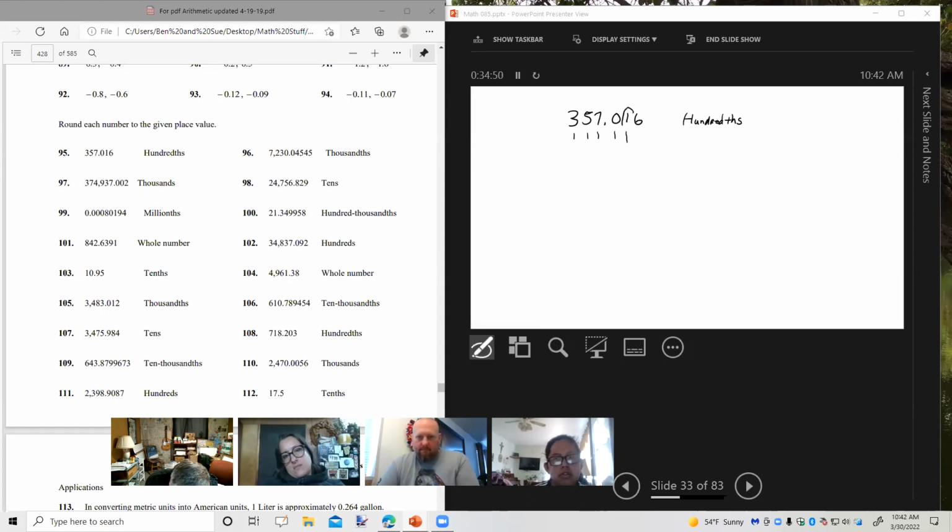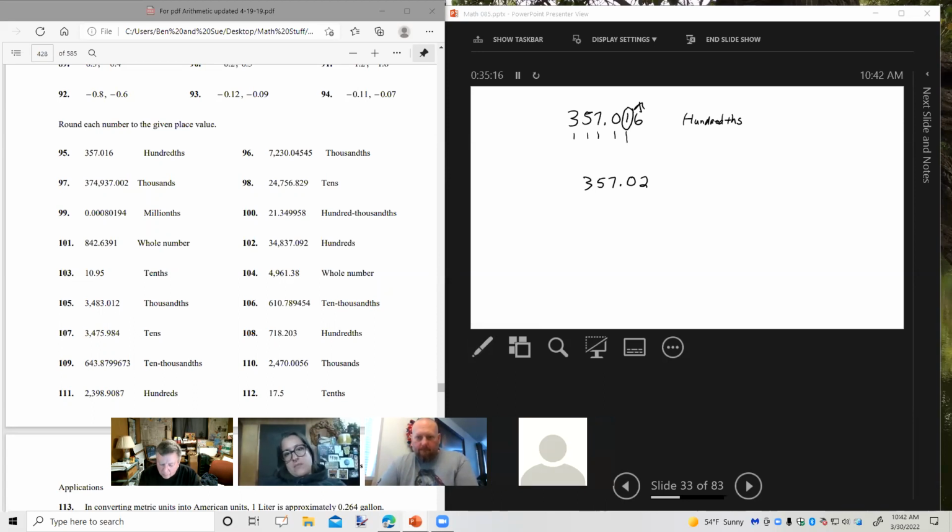So this is the column we want to round. Okay, those little things below, those aren't ones, those are just me identifying as I was pointing to them. So we go one place to the right, the 6 would round up. So we'll get 357.02. Any questions about that example?